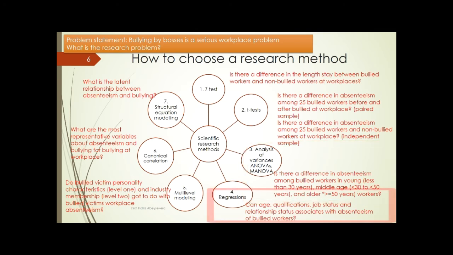Fourth is regression. We can ask a question about relationship. Can age, qualifications, job status, and relationship status associate with absenteeism of bullied workers? So age, qualification, job status, relationship status are independent variables, and those variations are associated with the variations in absenteeism, which is the dependent variable.